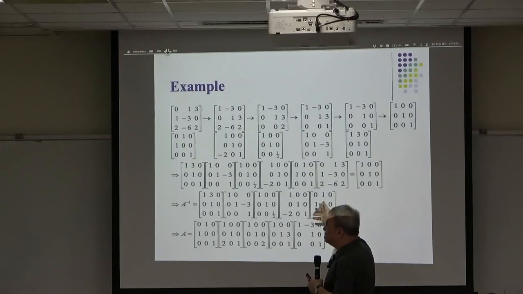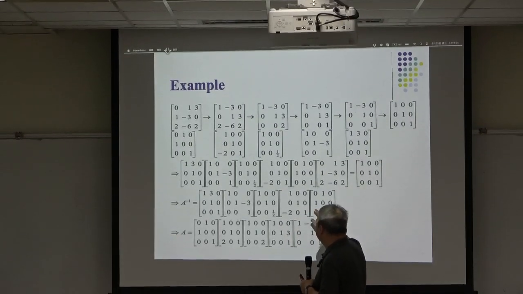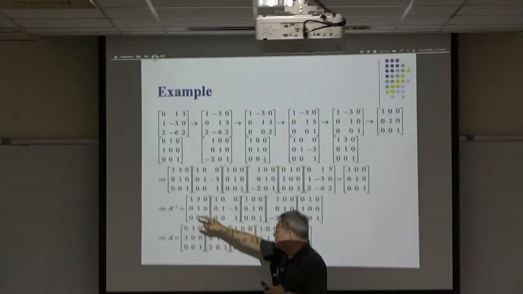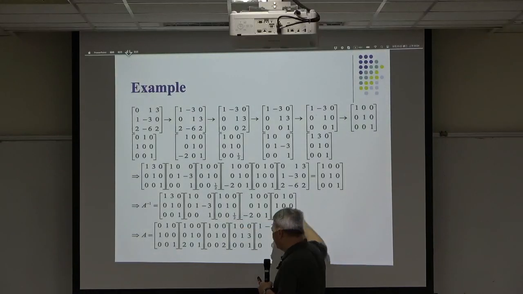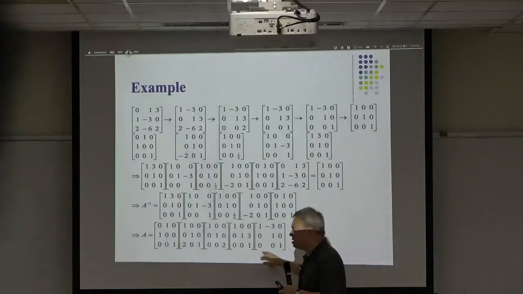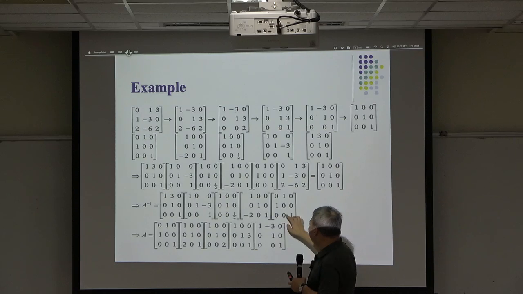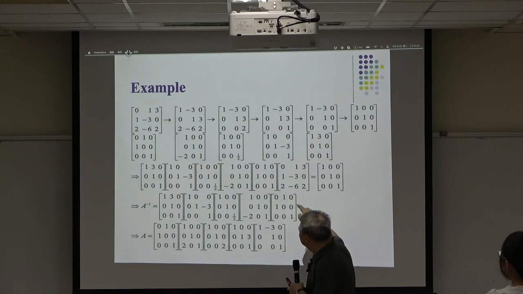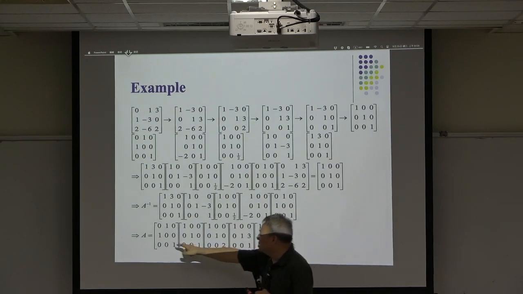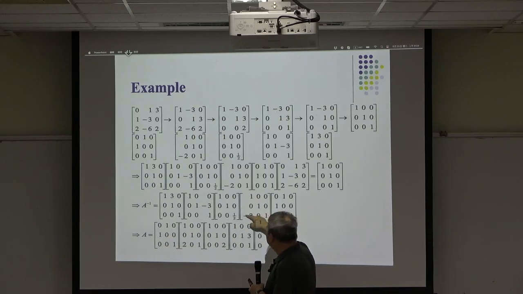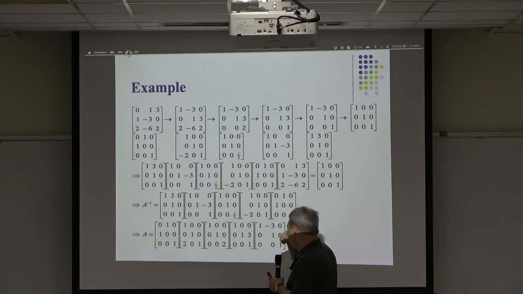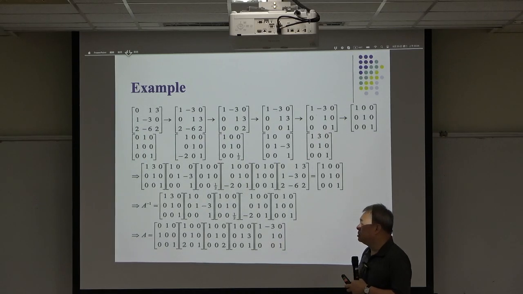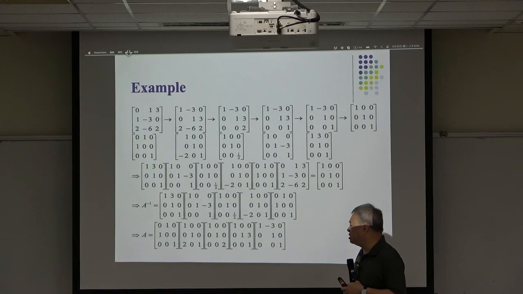So how do you get the inverse? Because this is a product of multiple matrices, you take the inverse of everything and put them in the opposite order. For example, for this one, its inverse matrix is this one. For this one, its inverse matrix is this one, and so on. Well, that's pretty much about it.